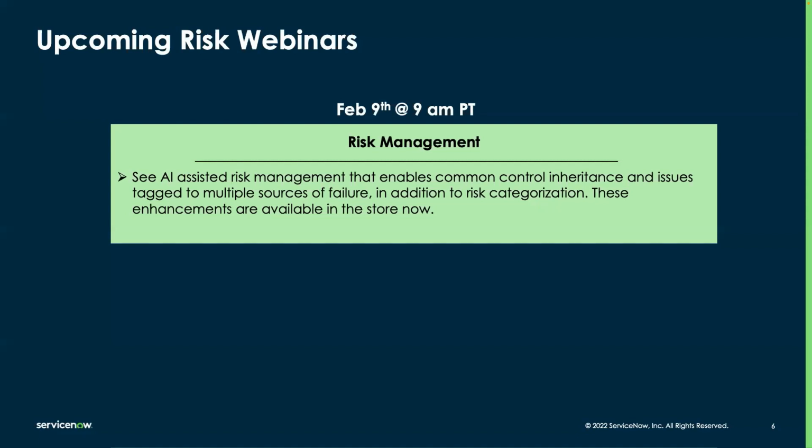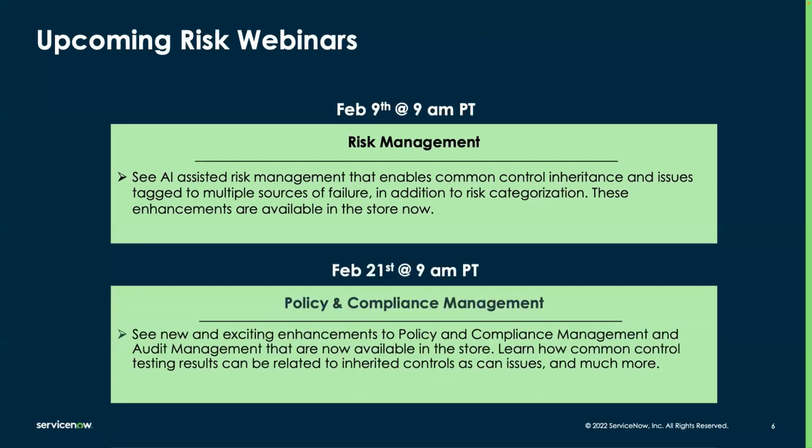So that's a really interesting one for anyone who's interested in risk management proper. And then policy and compliance management, we're also working on enhancements there, and we're going to go over those and show you what's available in this release in the store that's available now. So again, common control testing results can be related to inherent controls, as can issues. So definitely check that out if that's something that's of interest to you.